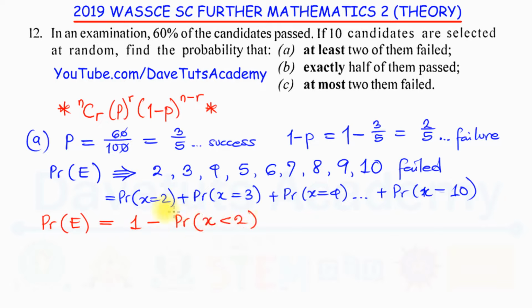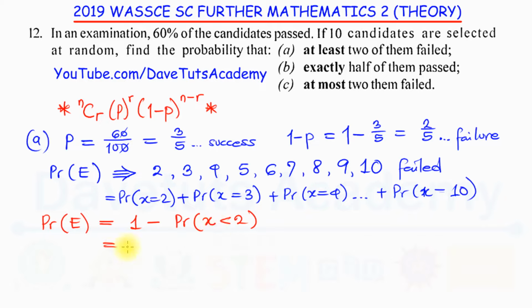Why are we saying x less than 2? You can see here it is x is equal to 2, x is 3, x is 4, up till x is 10. That is what we have expressed here. 2, 3, 4, 5, 6, 7, 8, 9, 10 are the scenarios in which they fail. So the other scenarios are those in which 0 failed or 1 failed. That is x less than 2.